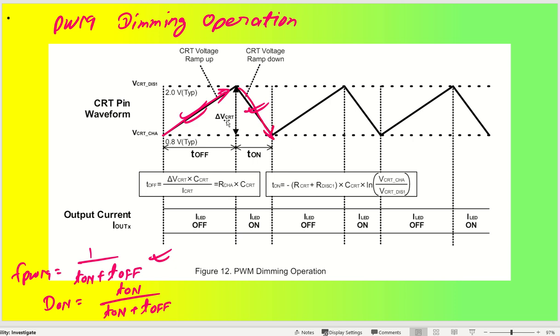So this time the LED will be off, and this time you will be getting on time. The output current I out X will be available when it is coming down, and while charging the output will be 0, so that time it will be switched off.